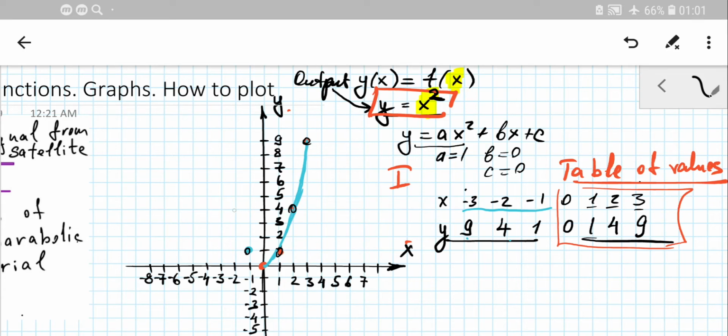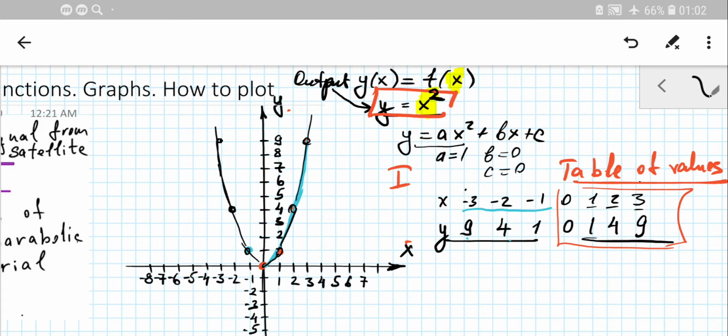So 2 units here, okay, and 3 units. Now I can also connect that, so that you have a very symmetrical image. So the branches need to be very symmetrical, and that's how you can plot the graph.